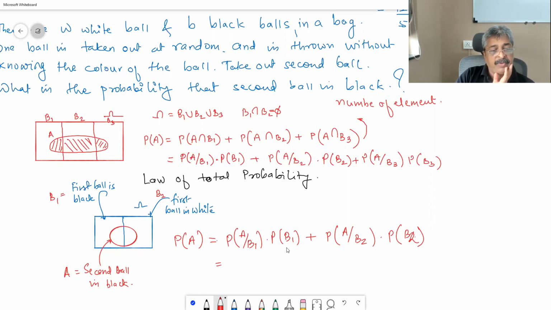So probability of B1, this is easy. Probability of B1, first ball is black. What is the probability that the first ball is black? B upon B plus W. And what is now the probability that the second ball is black given the first ball was black?